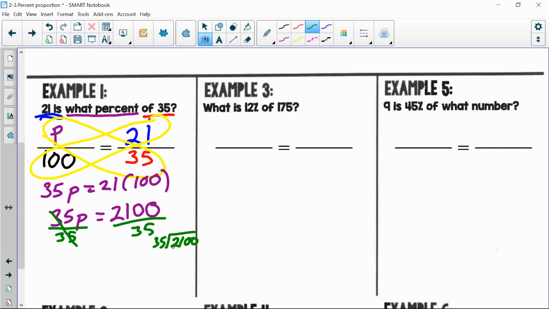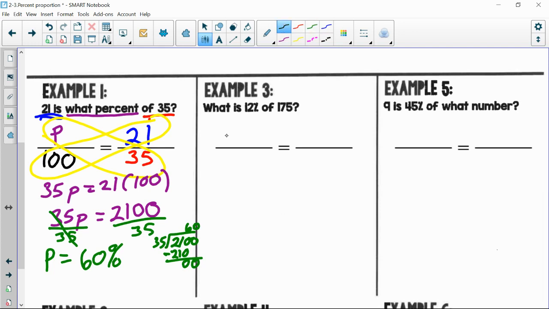I know 35 can't go into 21, but it can go into 210 six times, because 35 times 6 is exactly 210. Nothing left over, so then I have to put a 0 because 0 times 35 makes 0. That tells me my percent equals 60. So 21 is 60% of 35, and that's where all that comes into play.